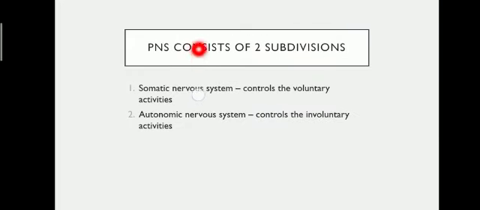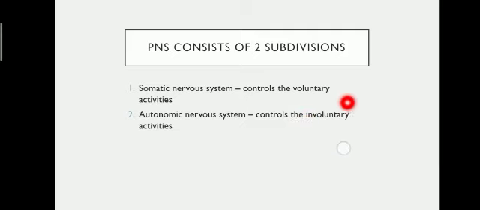Peripheral nervous system or PNS consists of two subdivisions. The subdivisions are somatic nervous system and autonomic nervous system. From the word autonomic, we can make out that it is automatic. So the work or the response which is done automatically inside our body, that means the work is involuntary in action.